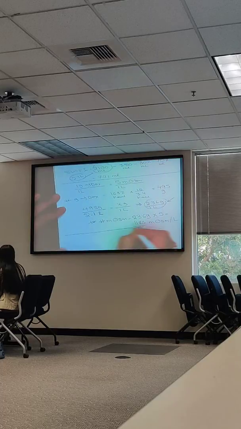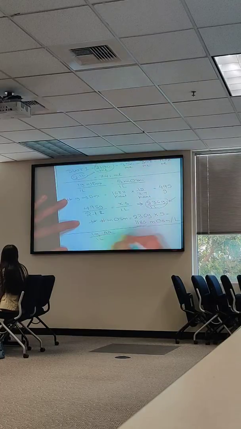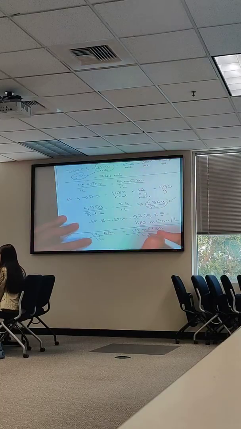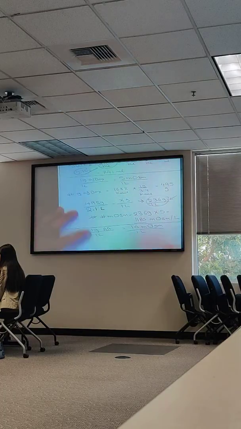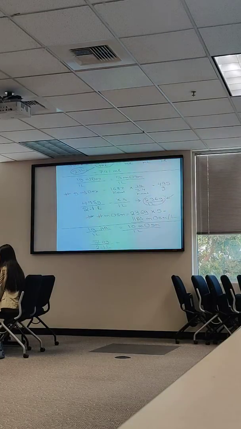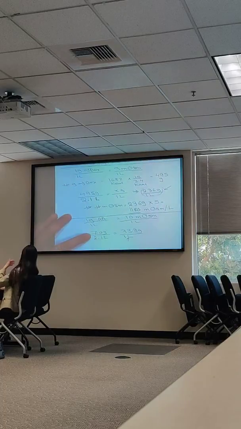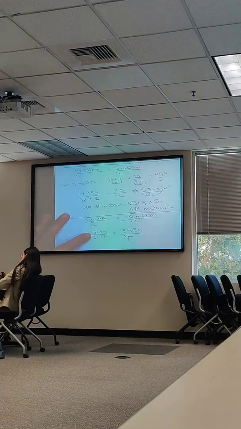Okay. Let's do the same for the protein. 1 gram of amino acid per 1 liter provides me with 10 milliosm per 1 liter. How many grams of protein do I have? We have 70, right? So 70 grams in 2.1 liters, so 70 divided by 2.1 is 33.3 grams in 1 liter. Again, I need to normalize my grams to 1 liter so I can calculate the osmolarity.